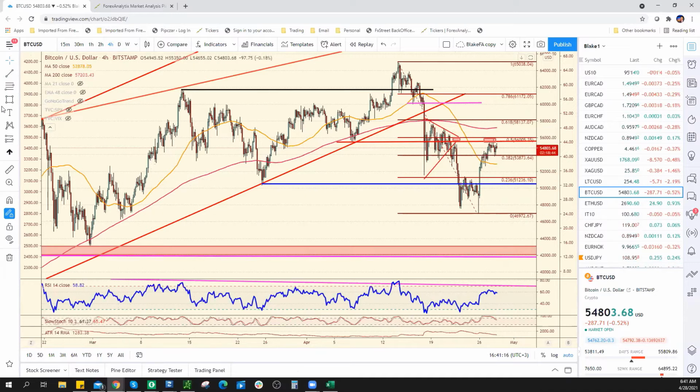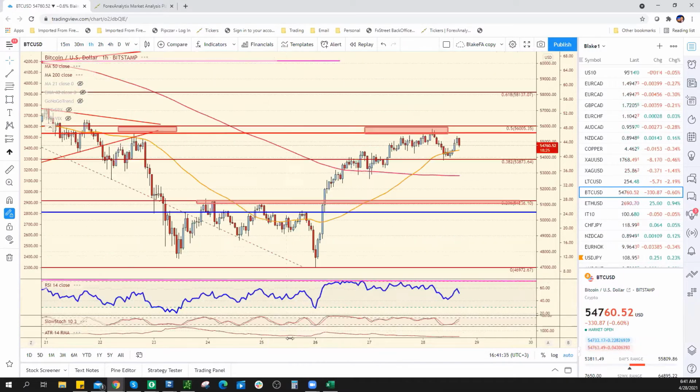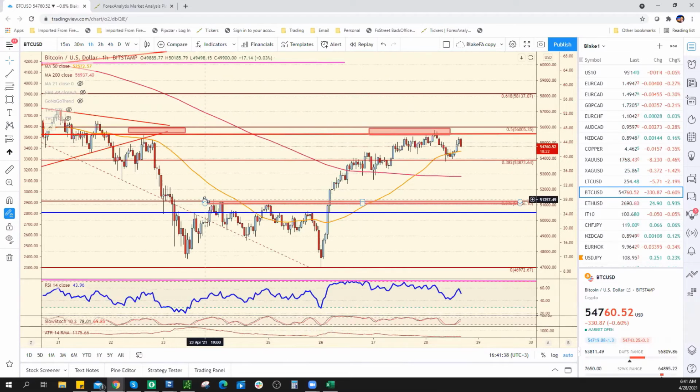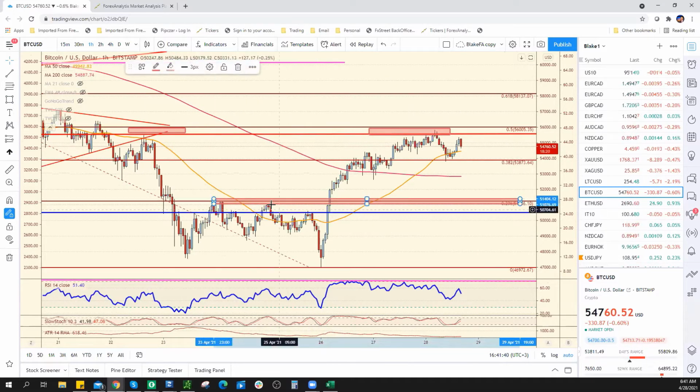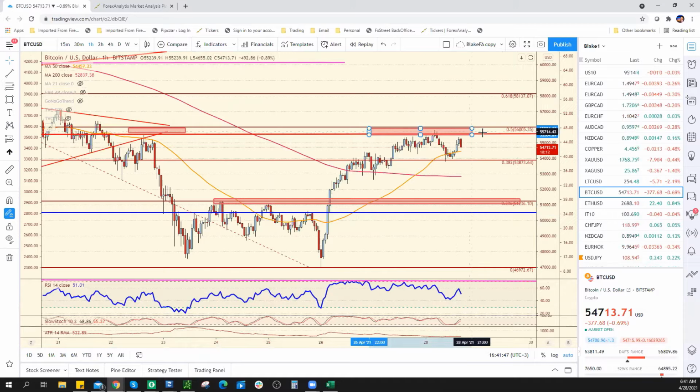Support right now, and we're talking more intraday at the moment, is going to be somewhere down here. Let's zoom in a little bit. From that spike high to that low, I'm going to say 51,000. So 51,000 to 56,000 is our range.